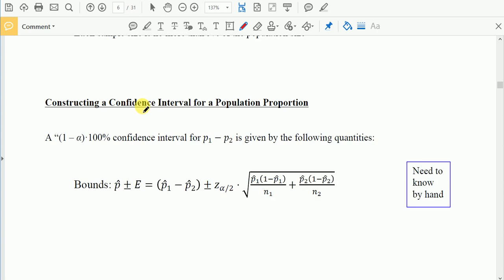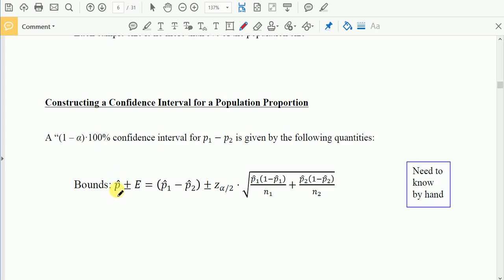Now let's construct the confidence interval. So make sure that you take 1 minus alpha and multiply that by 100%. That is the confidence interval for P1 minus P2, and then given by the bound here. So we take P hat, which we found above, right?